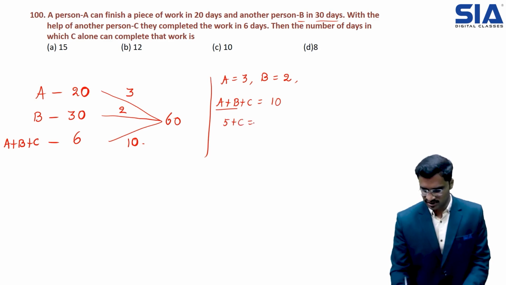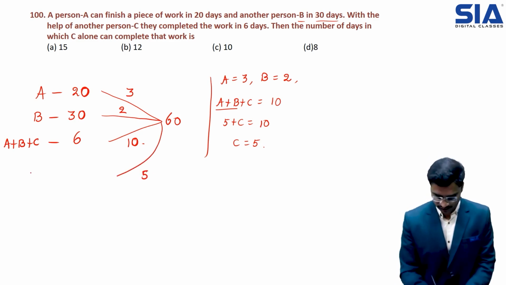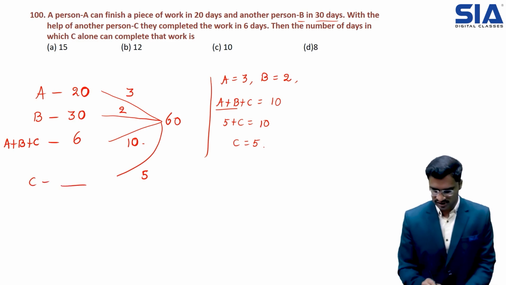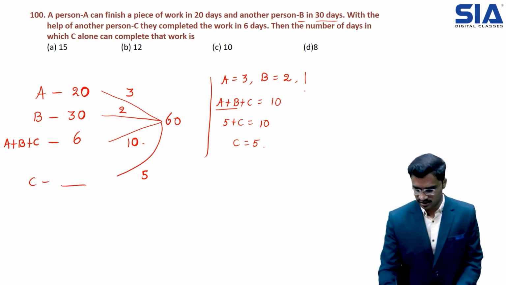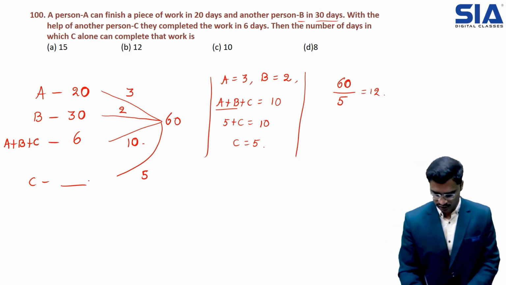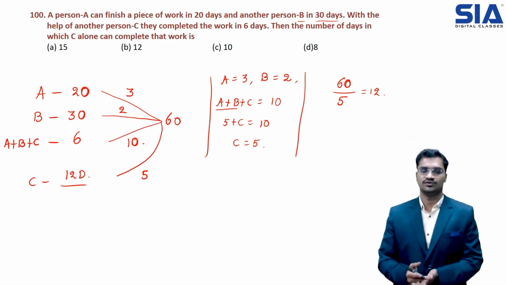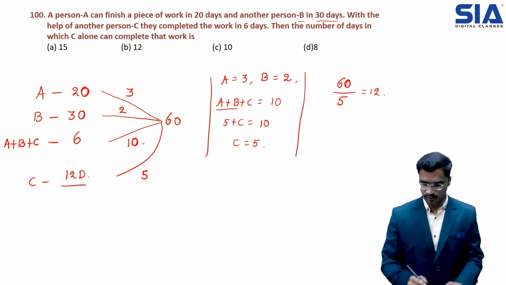So 5 plus C is 10, so the efficiency of C is 5. Then C alone will do this work in how many days? The total work is 60 units and his efficiency is 5. So 60 divided by 5 is 12.